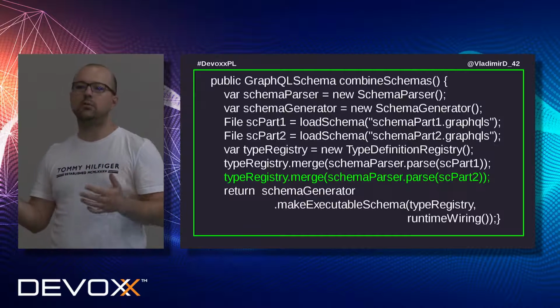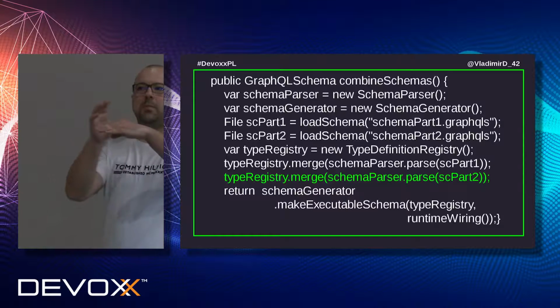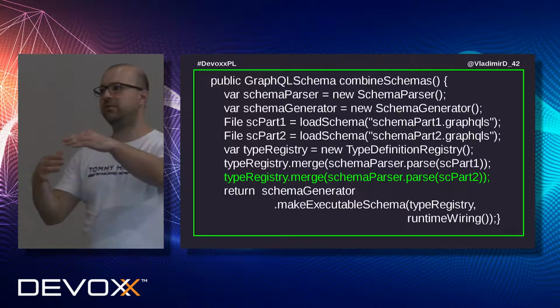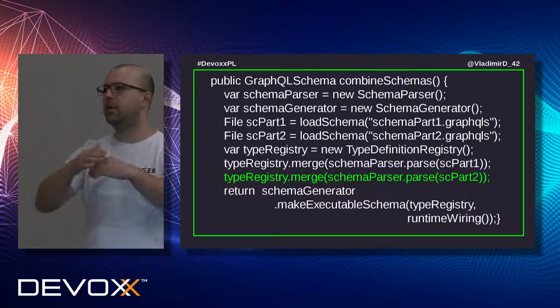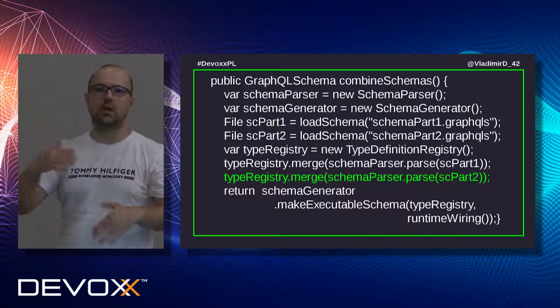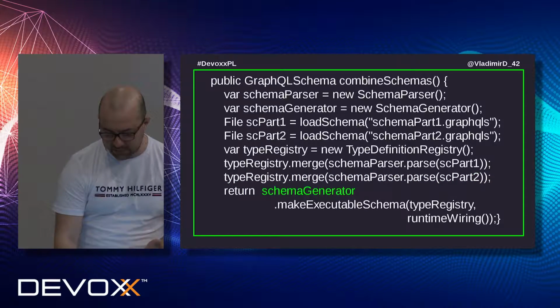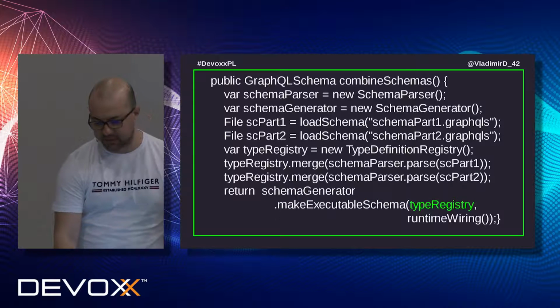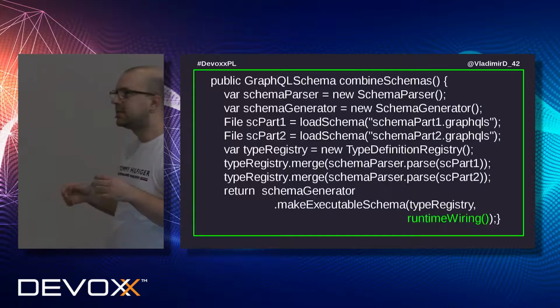So we do almost exactly the same thing as the JavaScript community. We load one file, parse it, push it, load the second file, parse it, and merge it with whatever we read already. In that way, we can split the schemas and do different stuff. In the end, we just call schema generator, make it executable, with the type registry and runtime wiring, and combine them. So that's, yeah?